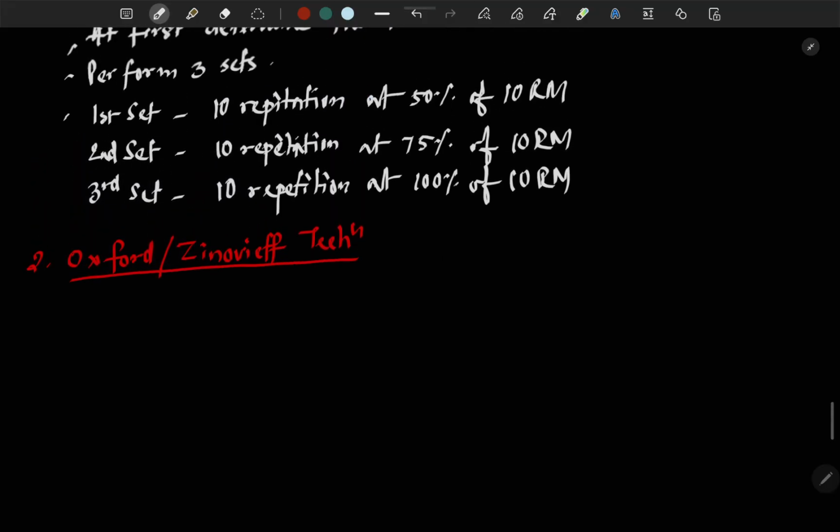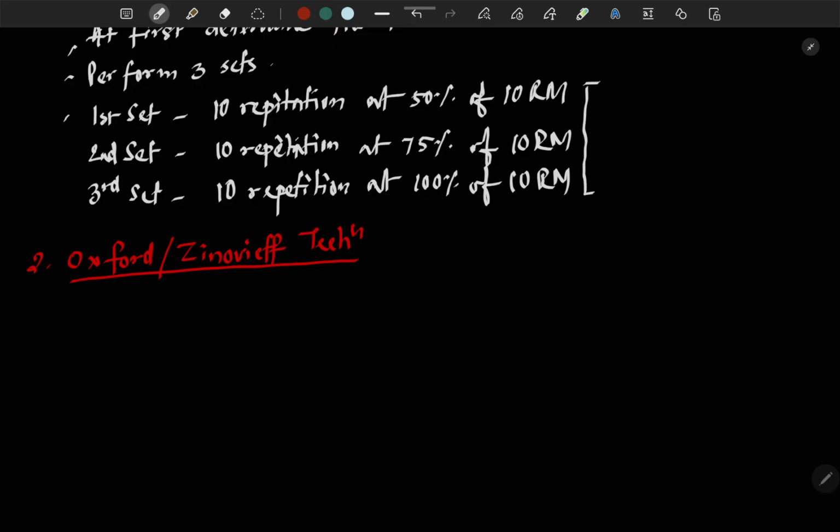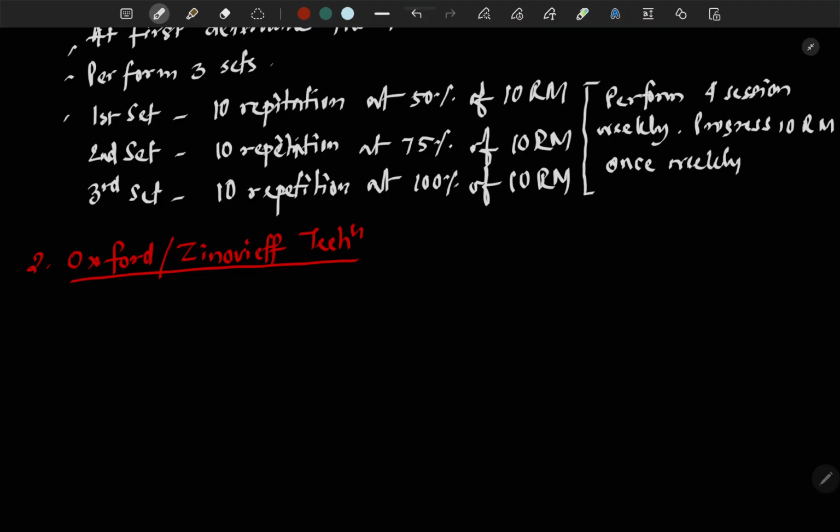One thing I have forgot for this technique: perform 4 sessions weekly and determine the 10 RM once weekly. Okay.